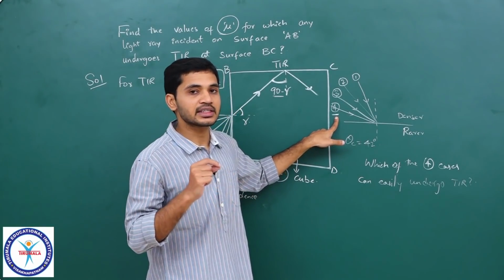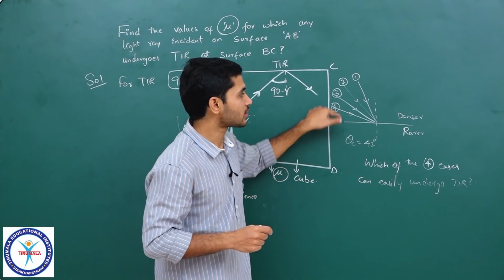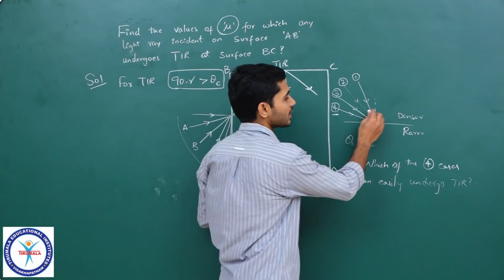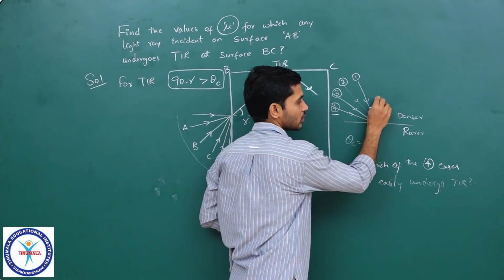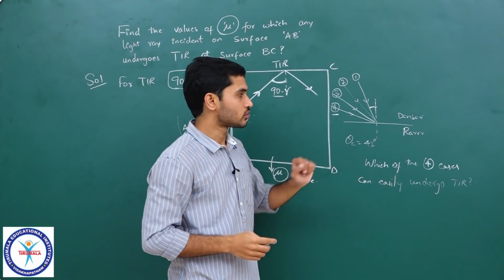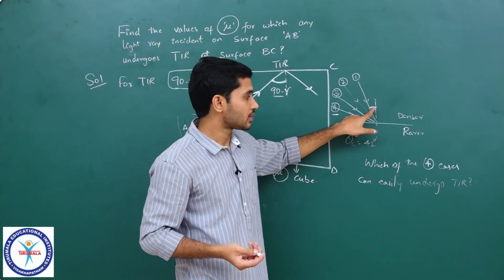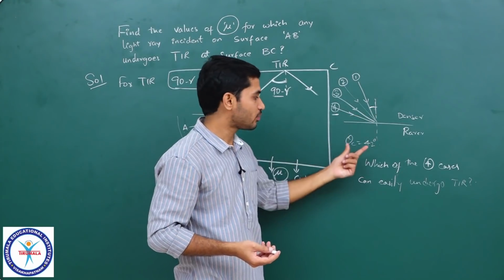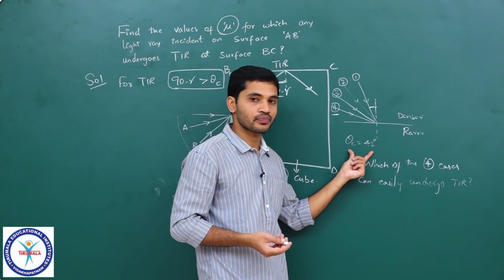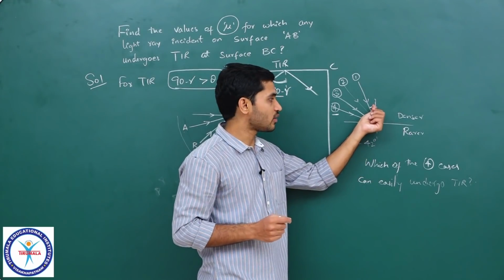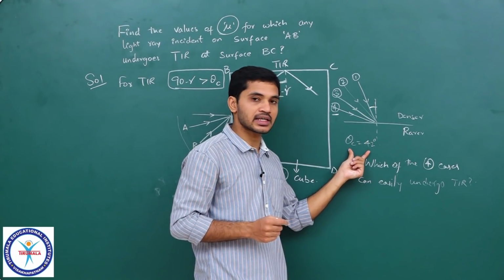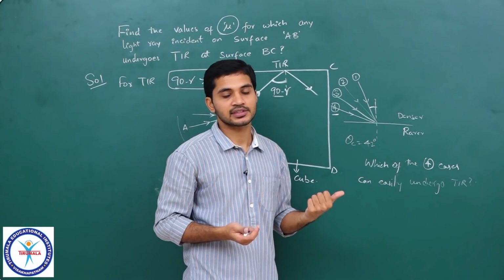And which has the least tendency to undergo TIR? This one, because it is making a small angle with the normal, correct? So if the angle of incidence is smaller, the chances are this small angle might be lesser than the critical angle. I hope you are getting this. If the angle of incidence is lesser than the critical angle, then TIR won't take place.